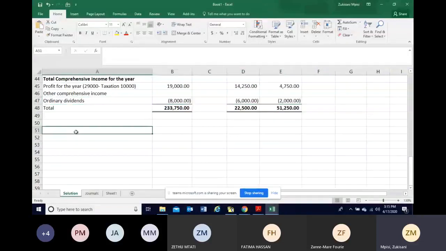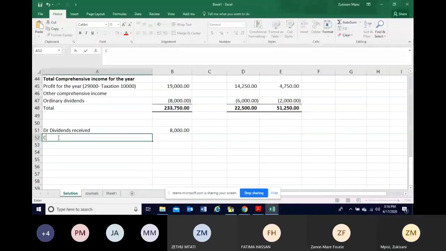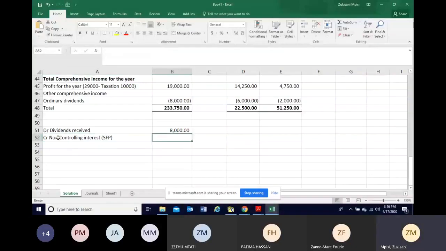So what happened here is we said debit dividends received, because remember we are returning these dividends of 8,000, and then we said credit non-controlling interest, which is in the statement of financial position, and this, remember, now it's going to add on it.